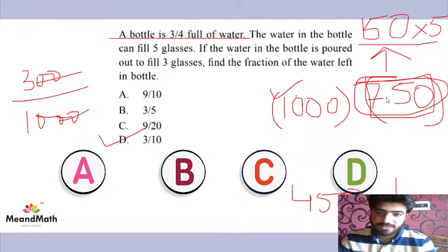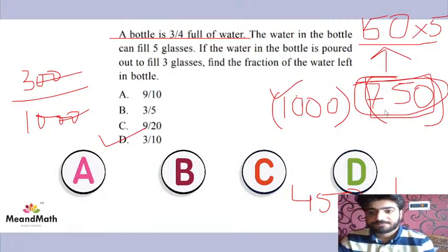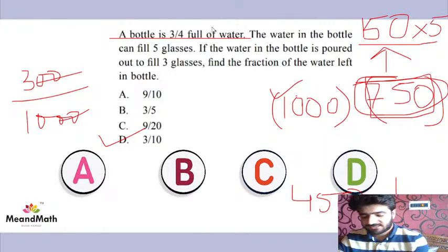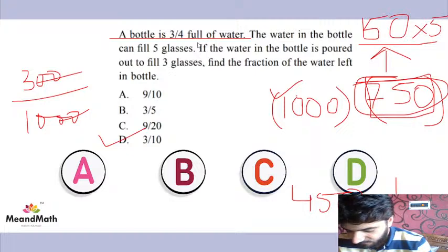So 150 into 5. But the question says the water is poured out to fill 3 glasses only, then that is 450, isn't it? If it is 450 and this is 750, what is the difference? It is 300 ml, isn't it? So to find the fraction of the water left in the bottle, it will be 300 by 1,000, which is the total capacity. So D is correct.